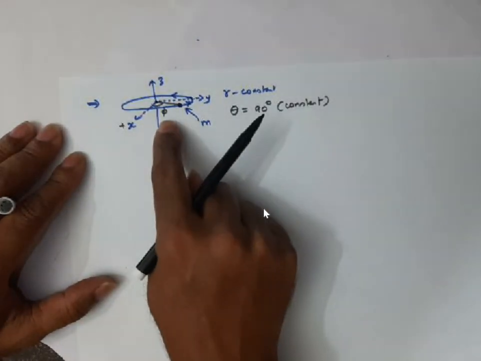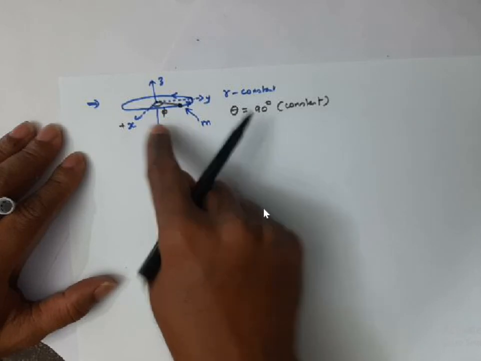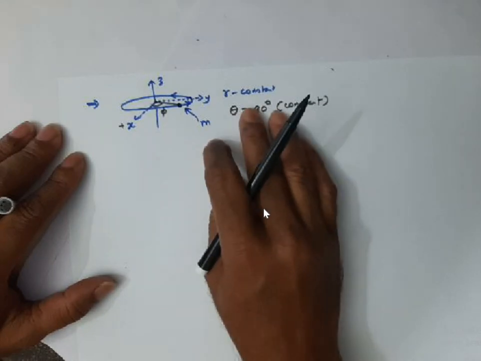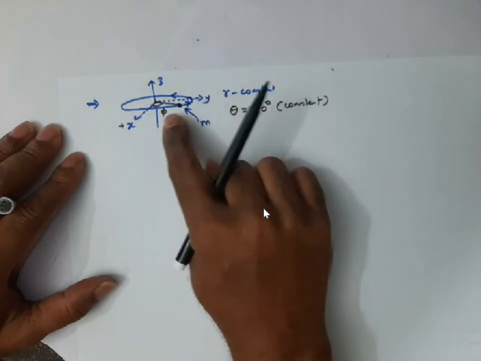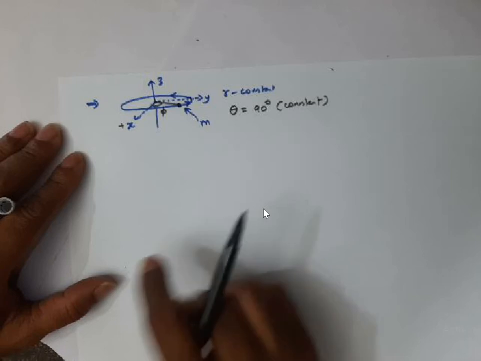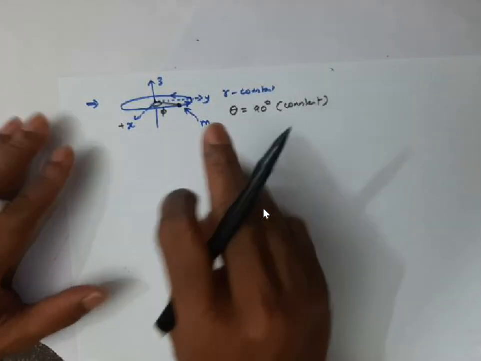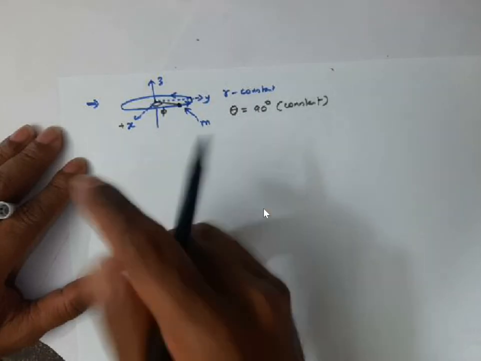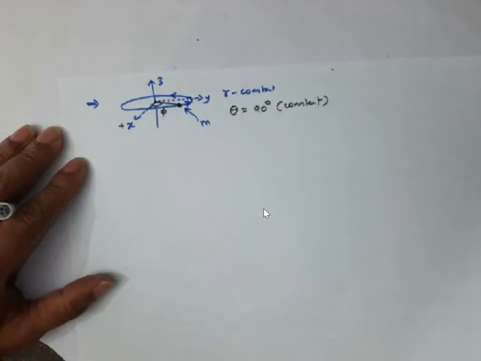So the variables, suppose assume that r is also not constant. Then in that case, the two variables are r and phi. So in 2D plane, if a particle is moving on a ring, let us assume that motion as two-dimensional motion.